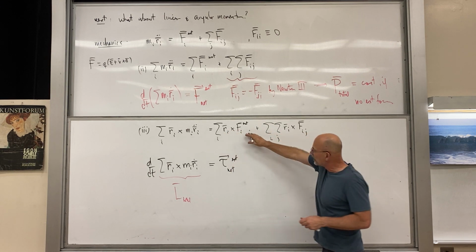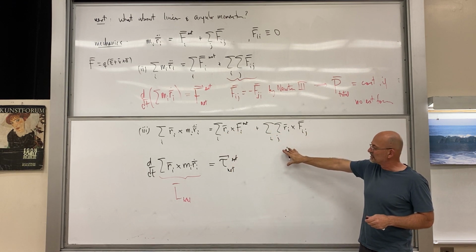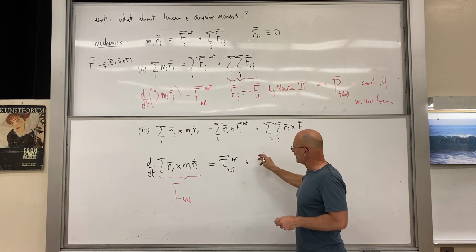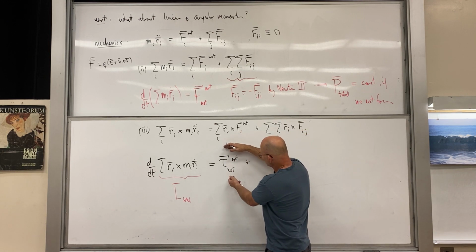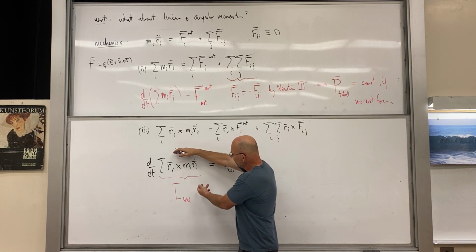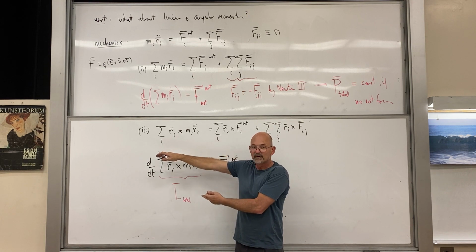This has to vanish, because if the net external torque equals 0, then my total angular momentum is conserved, right?